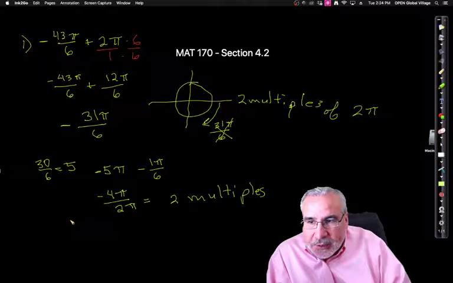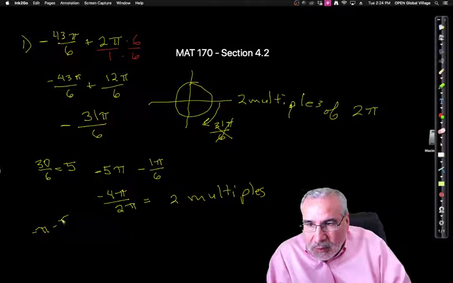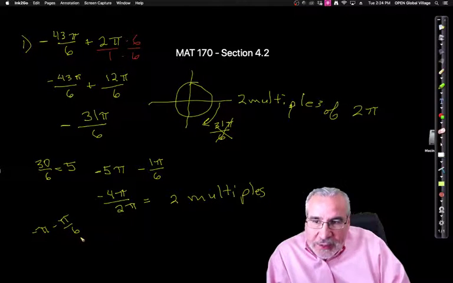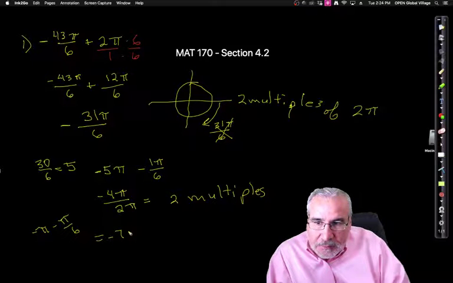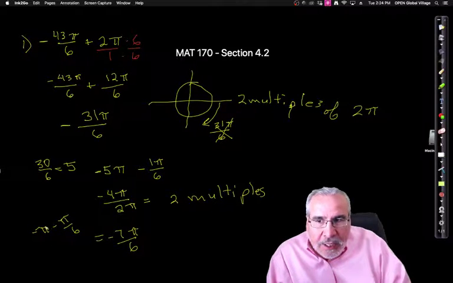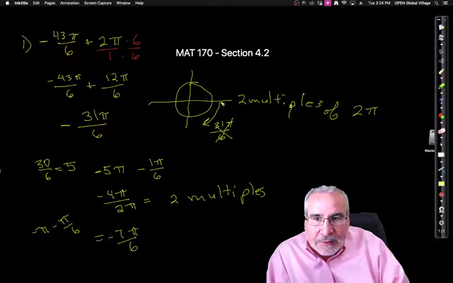Or if you want, getting a common denominator again, that's going to be negative 7 pi over 6. 6 in the top, 6 in the bottom, so that's the way you do it. But leaving this as a minus 1 pi, what does that tell us?